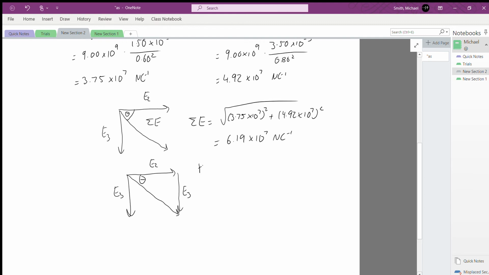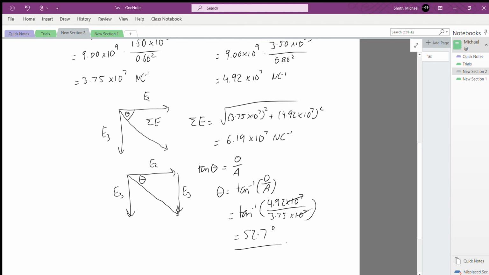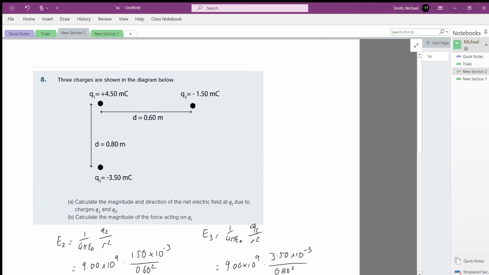Tan theta is opposite over adjacent, so theta will just be the inverse tan of 4.92 times 10 to the power of 7 over 3.75 times 10 to the power of 7. These will just cancel out, but if we substitute that in, we get 52.7 degrees below horizontal if we assume that this here is horizontal.